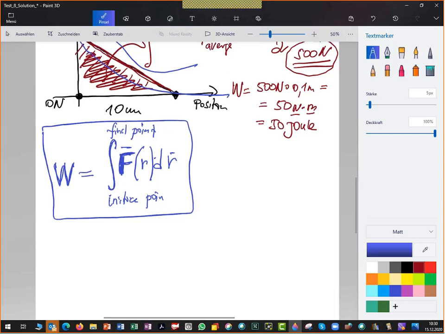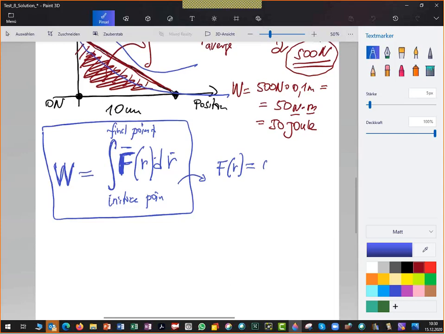And again, this is a very general, very essential formula, which will collapse into the standard formula if you assume that F(r) as a function of r is constant.